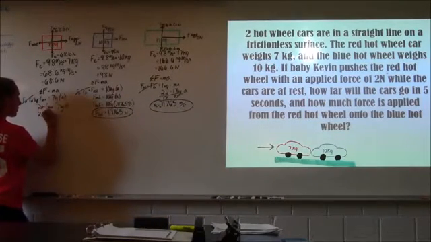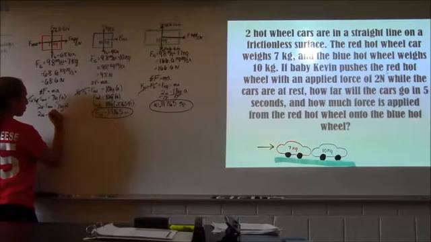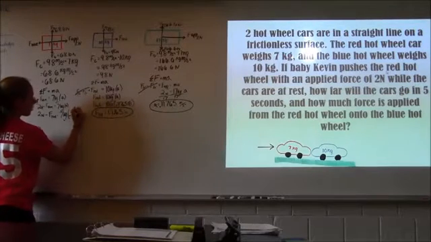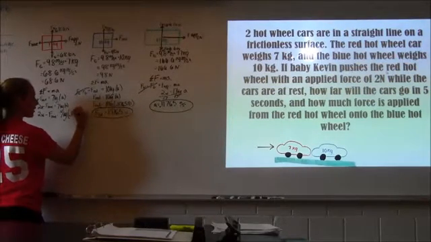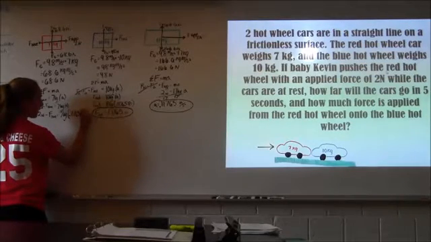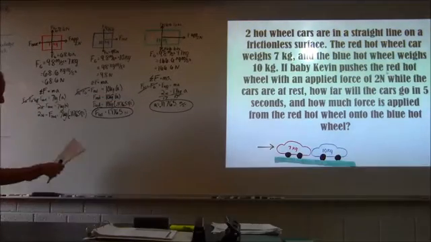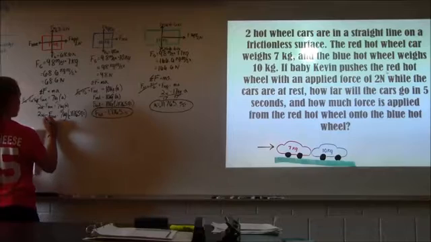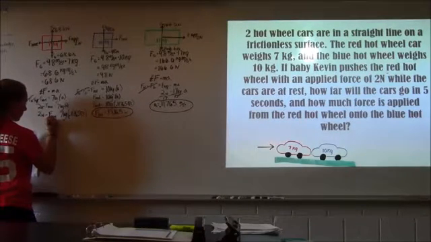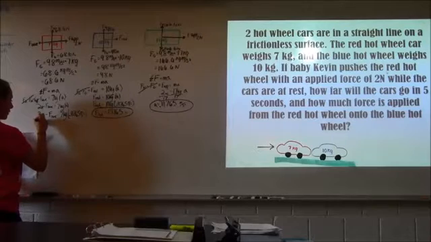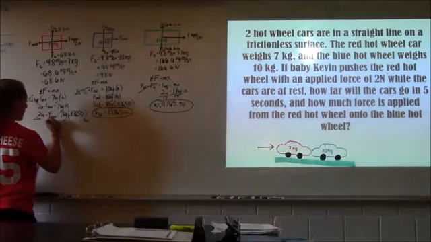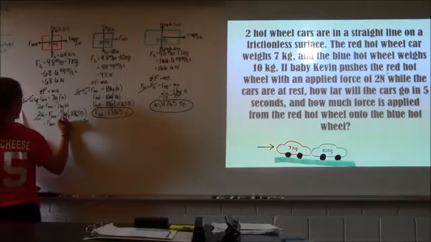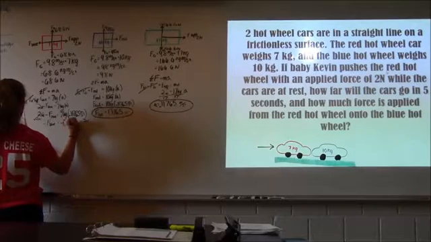So 2 newtons minus the force of blue equals 7 kilograms times the acceleration, which is 0.11765 meters per second squared. If you multiply this out and subtract this 2 over here, that leaves us with the force of the blue equal to negative 1.1765.